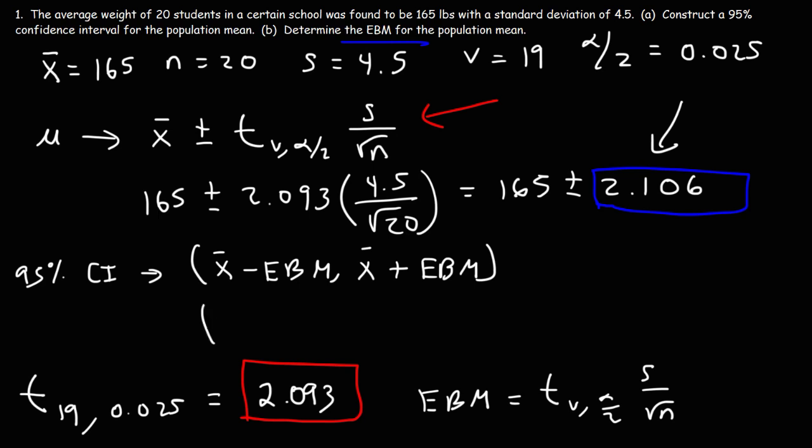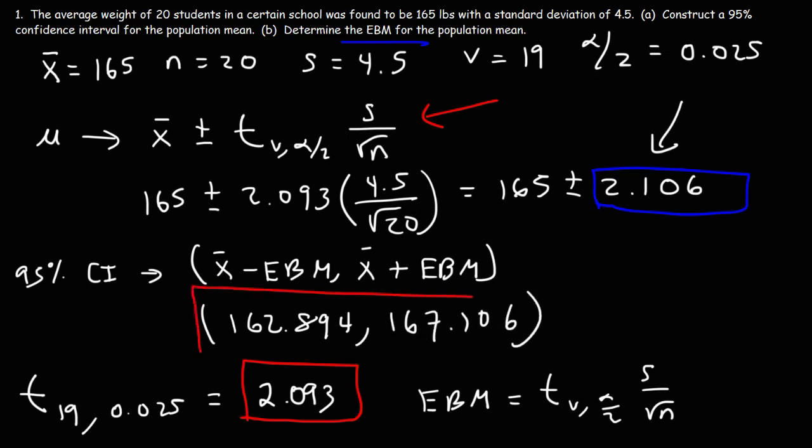So now 165 minus 2.106, that is 162.894, and then 165 plus 2.106, that's 167.106. So this right here is our 95% confidence interval.